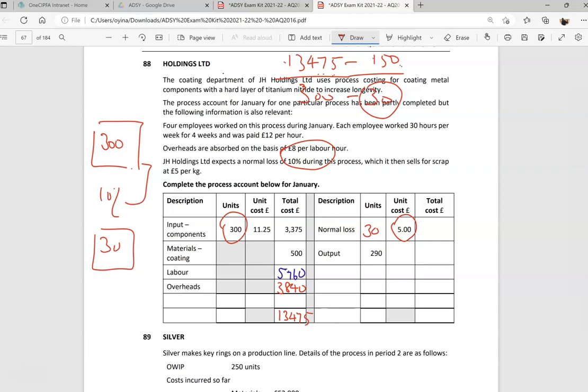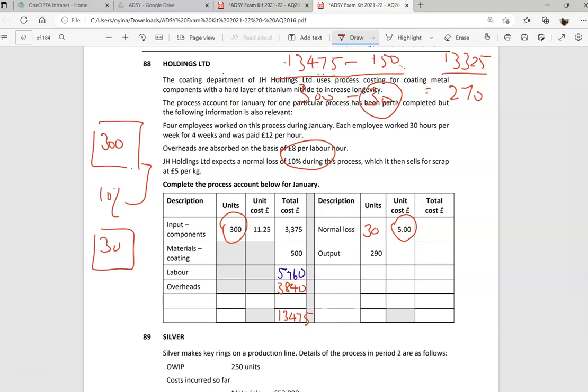In effect, we're expecting to only have 270 good units after deducting the 150. 13,475 minus 150 is 13,325.